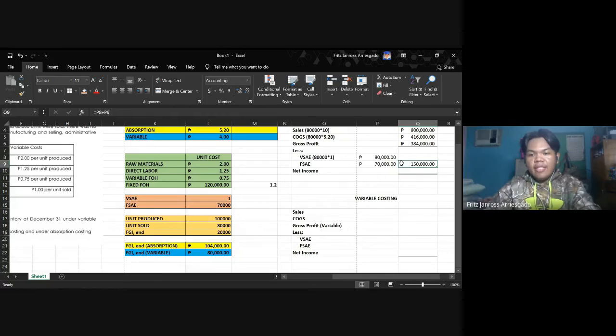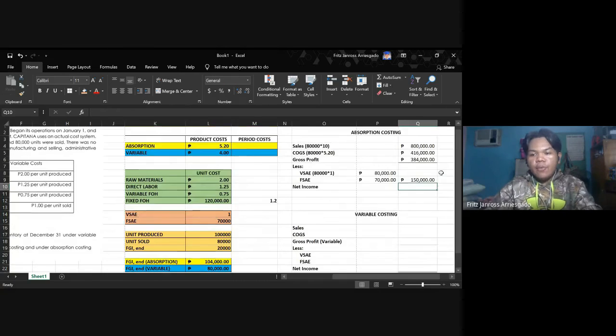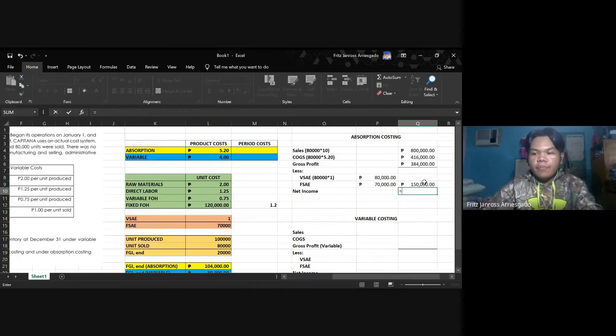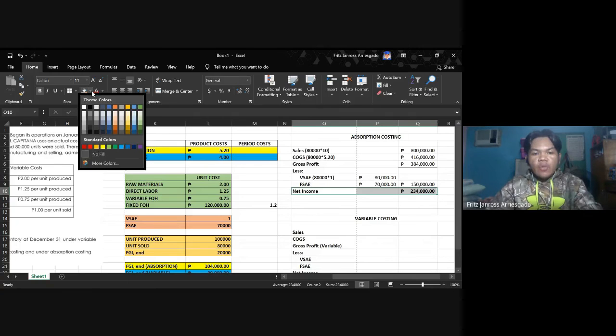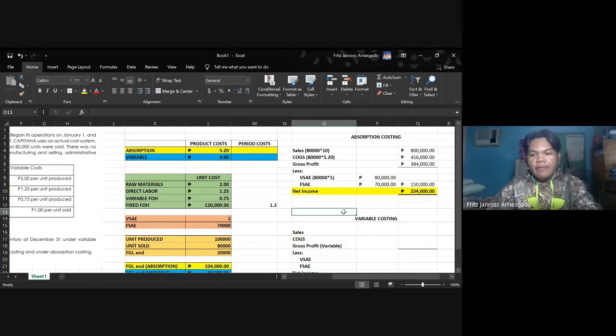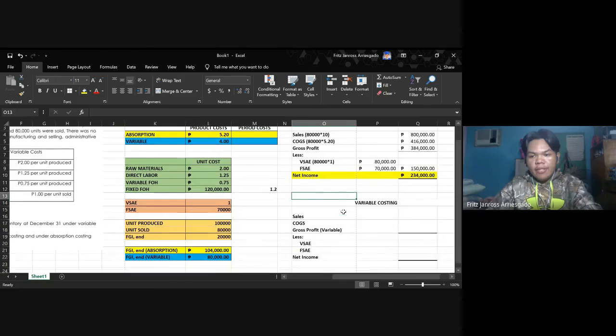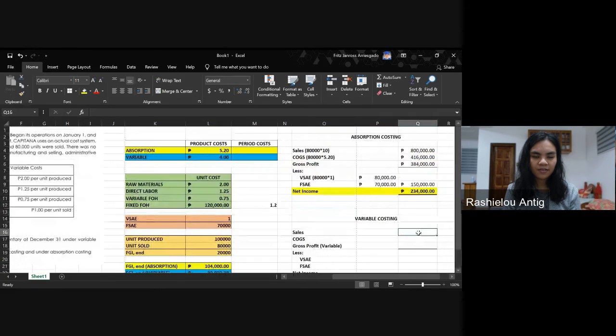To get your net income, you subtract 150,000 from 384,000. So the net income under absorption costing is 234,000 pesos.